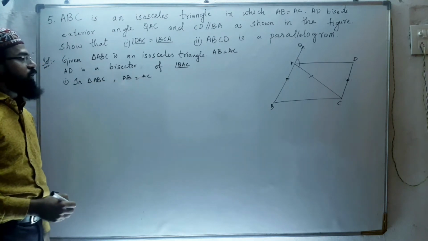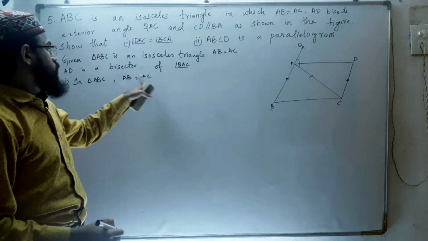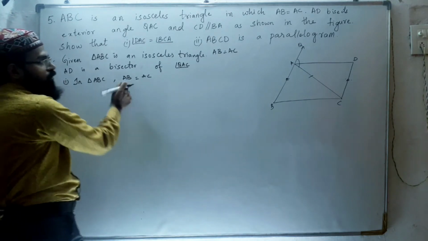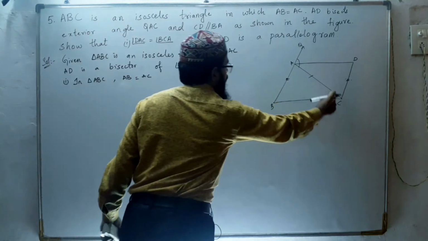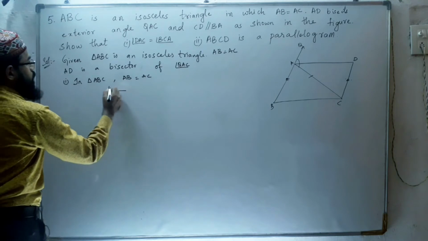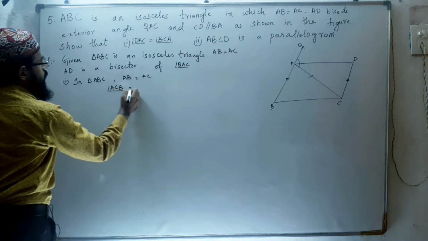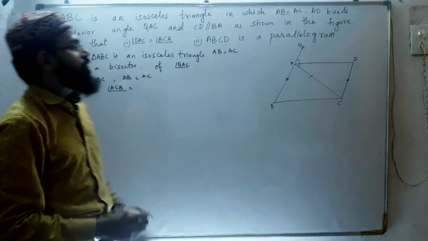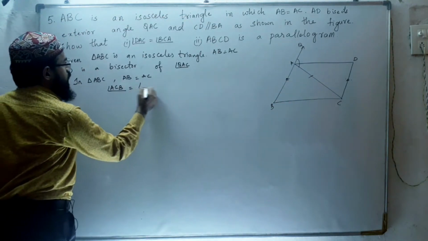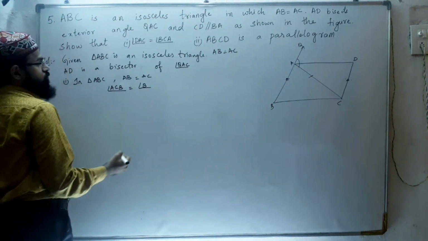So we know that angles opposite to these sides are also equal. What is the angle opposite to AB? It is angle ACB. So ACB is equal to, what is in front of AC? That is angle B. So let us write angle B.